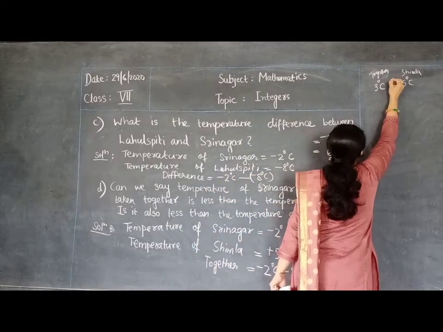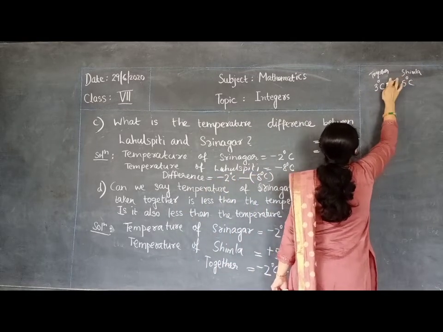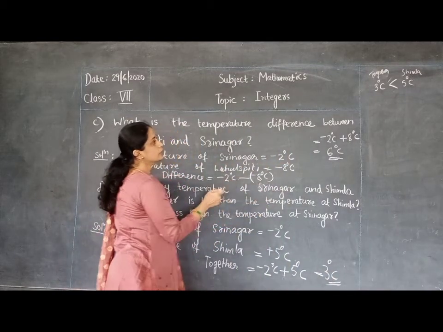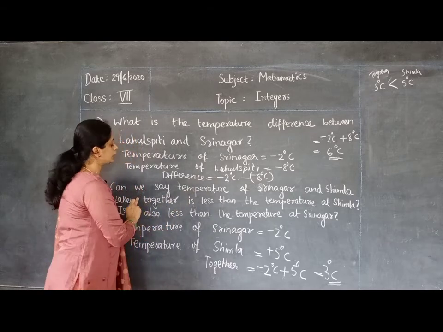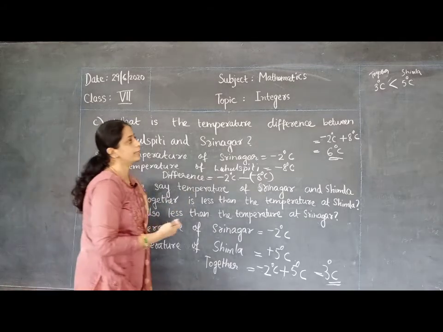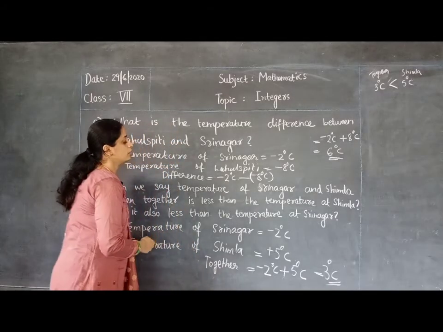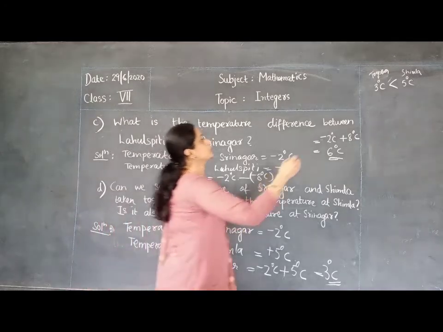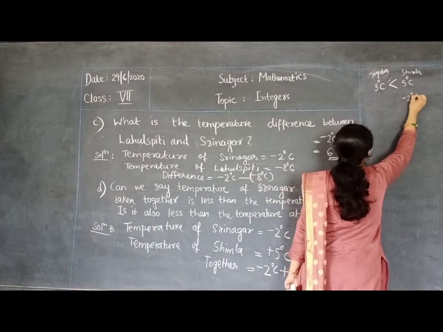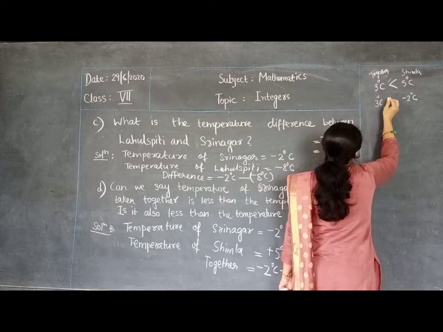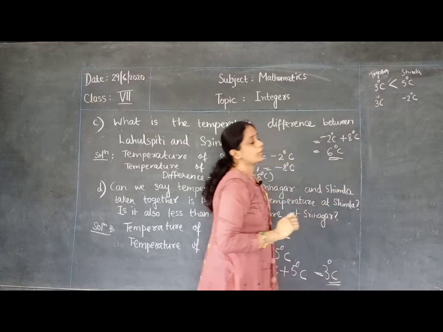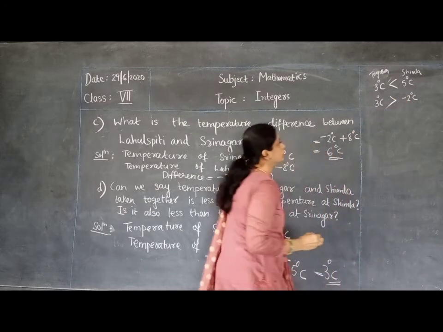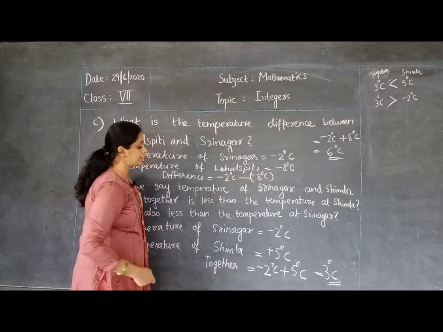So it is less. So the temperature of Srinagar and Simla taken together is lesser than the temperature at Simla. Now, is it also less than the temperature at Srinagar? Temperature at Srinagar is minus 2 degree Celsius. Added together it is 3 degree. Here this is more. So it is not less than. So you have to write the sentence.